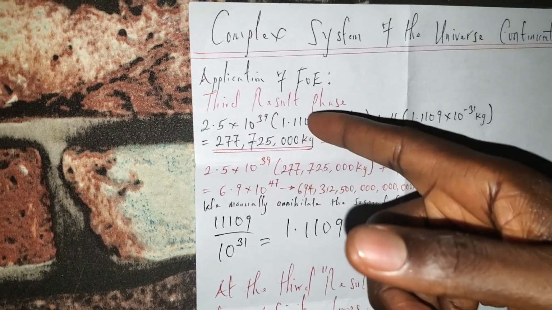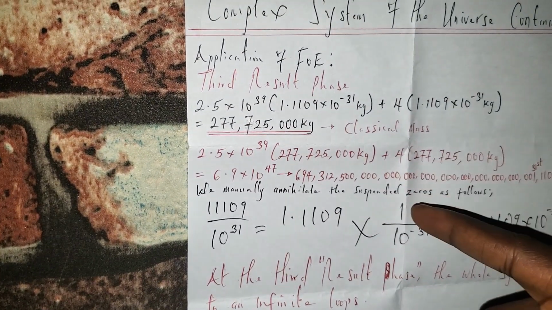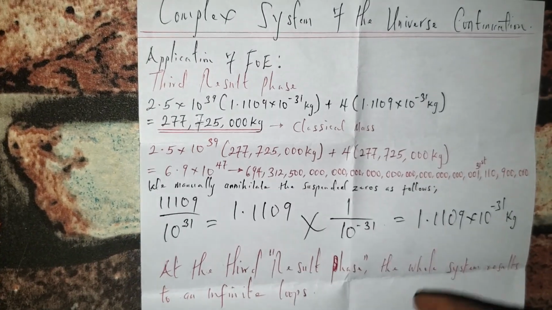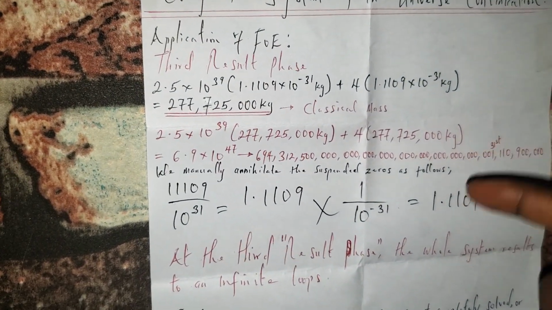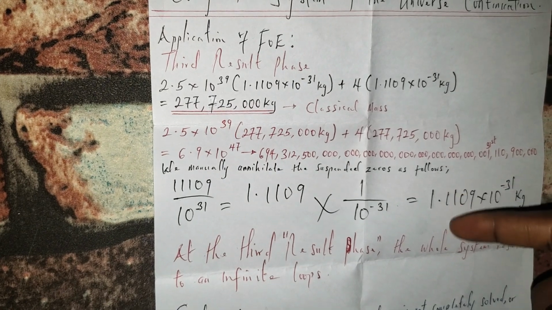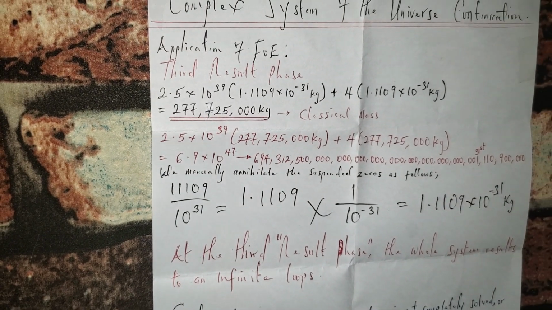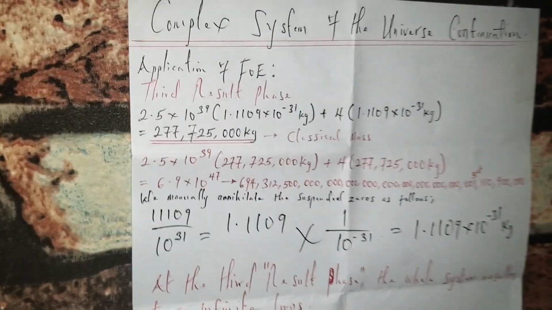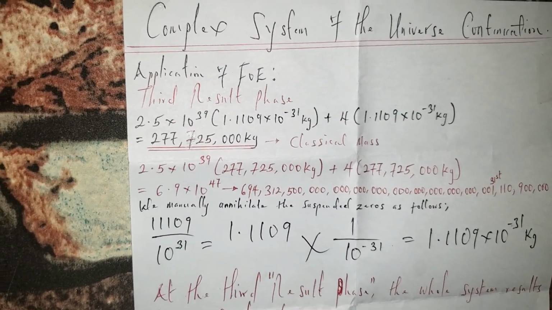And when we put that inside our formula again, we have that same result as what we had in the second result phase. So it means that it has gotten to a point where we now have an infinite loop.